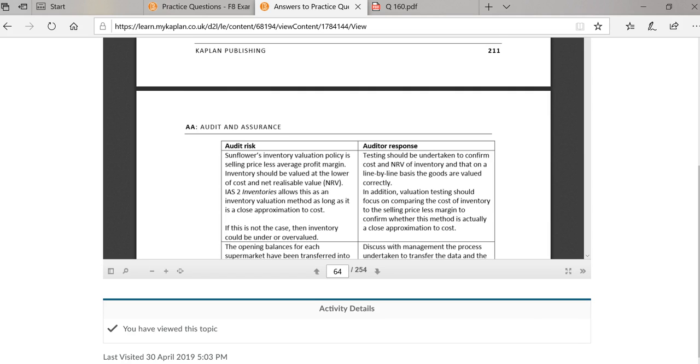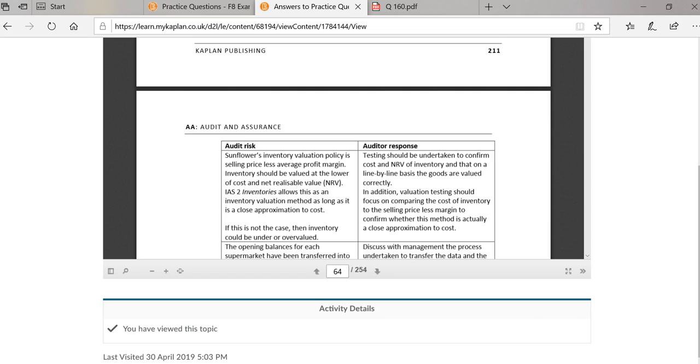Inventory should be valued, and I think you talk about this. Yes, the fact that we don't know. Because we don't know, this guy is telling us, we need to almost recalculate to make sure that selling price minus this average margin is actually close enough to cost.